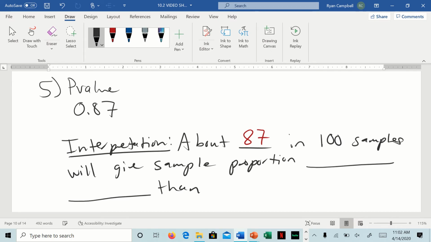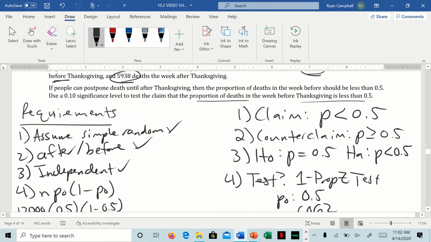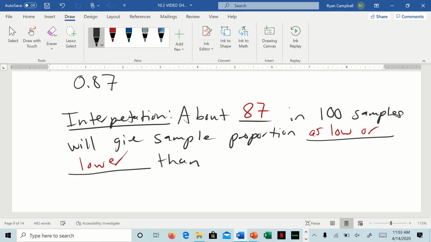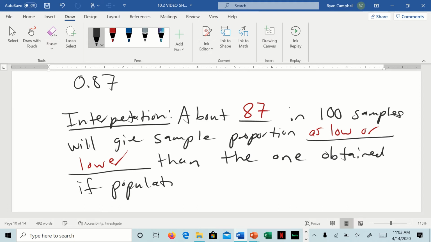So if we look at HA, right? HA is less than. So it's going to be as low or lower than the one obtained if the population really is, and that number comes from our H naught.